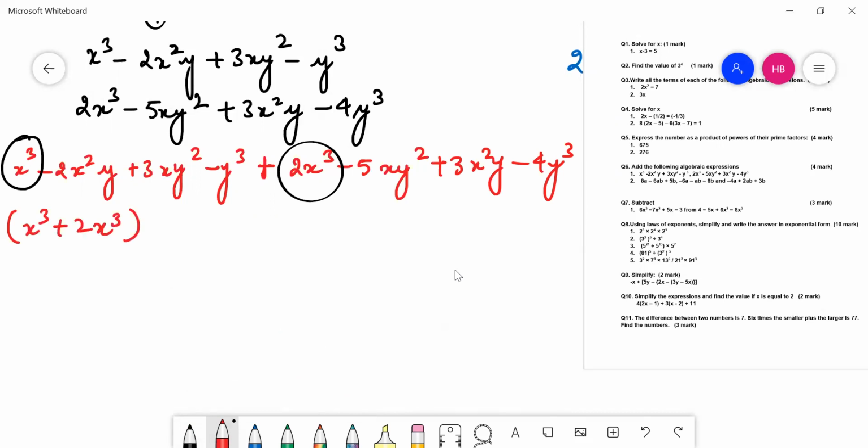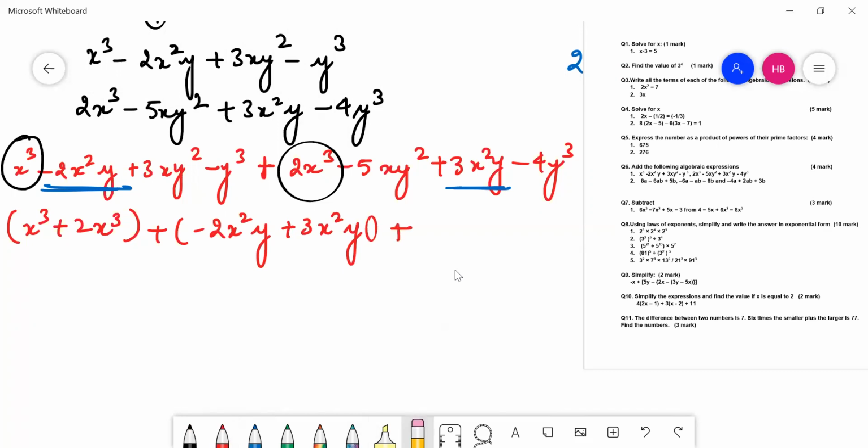Is there any other term which has just x cube as its variable? No. Now let's move to the minus 2x square y. Is there any other term which has x square y as its variable? Yes, there is this term. So I'm going to group them together: minus 2x square y plus 3x square y. Now I will move to another term, which is 3xy square.